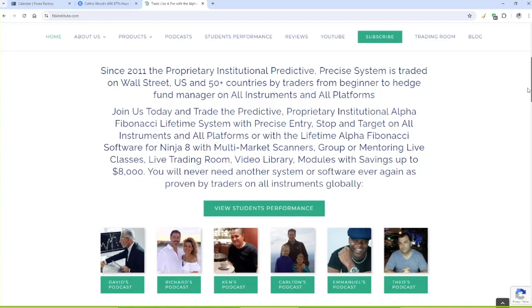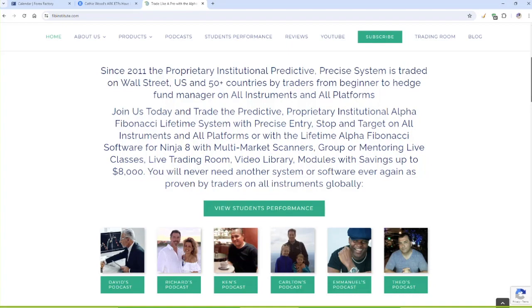So when you join us, you trade a predictive proprietary system on all instruments, all time frames, all platforms: MT4, MT5, TradeStation, TradingView, Interactive Brokers, Infinity, Fidelity, Thinkorswim, whatever platform you choose to trade. Choice is yours.